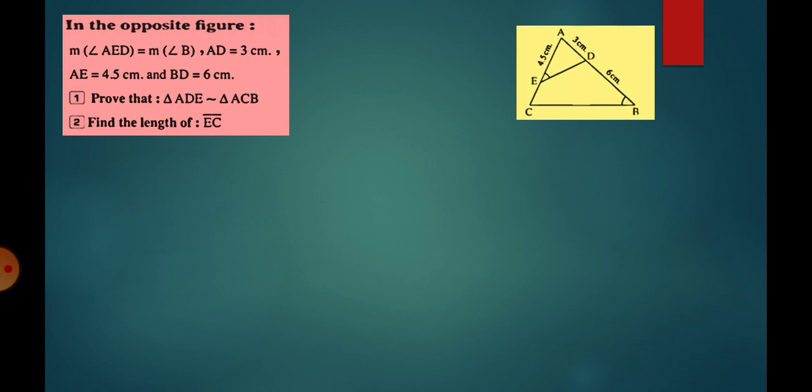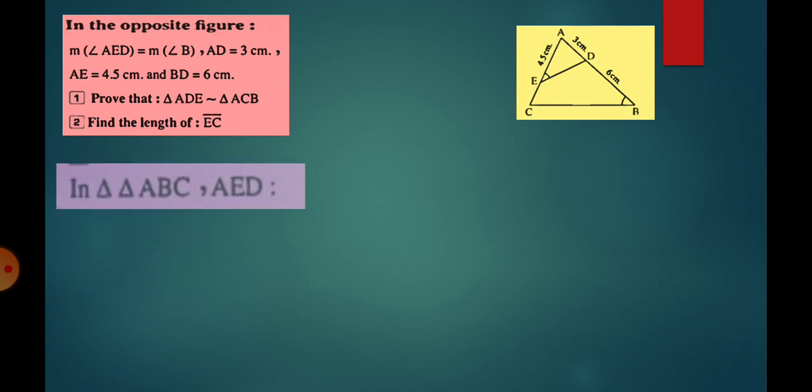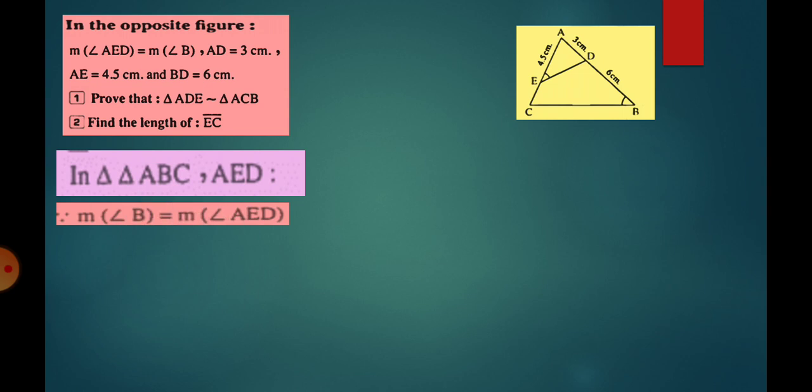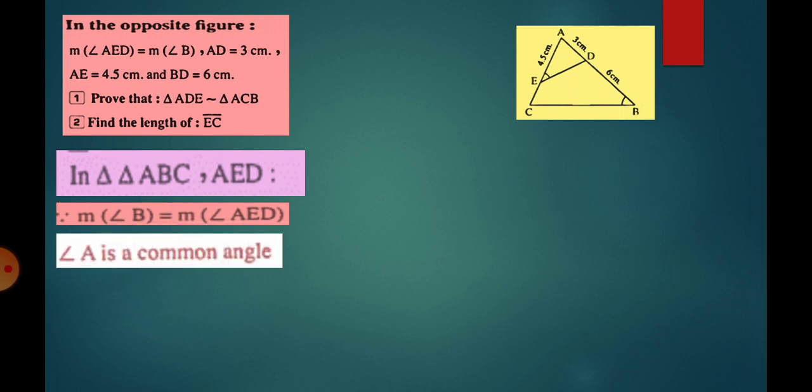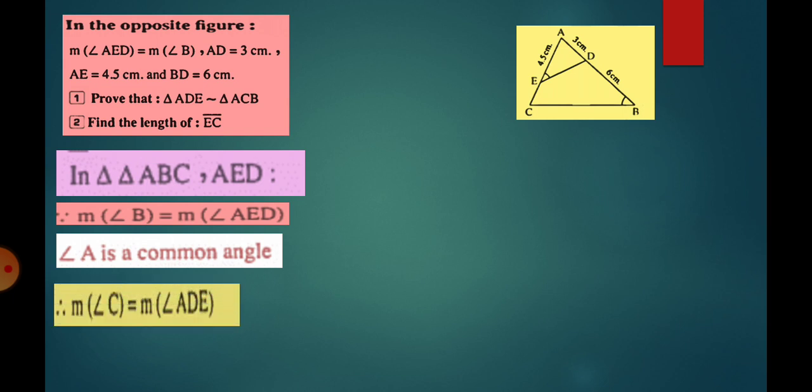Here, in the given, the measure of angle AED equals the measure of angle B, that's the first angle. And angle A is a common angle. Then the measure of angle C equals the measure of angle ADE.